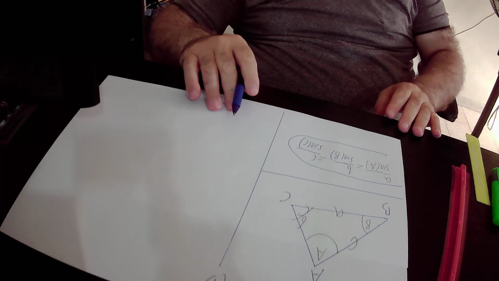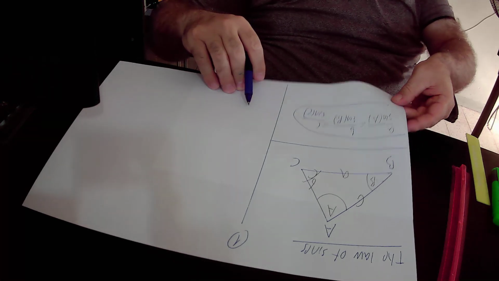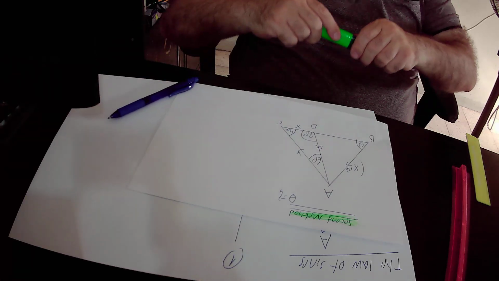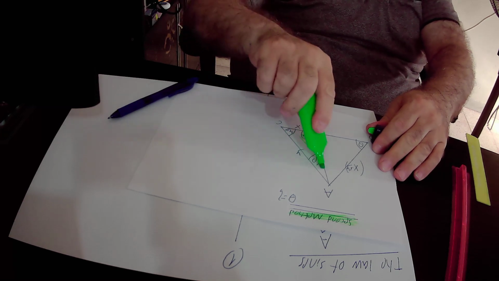We'll implement the law of sines in the green triangle ADC.